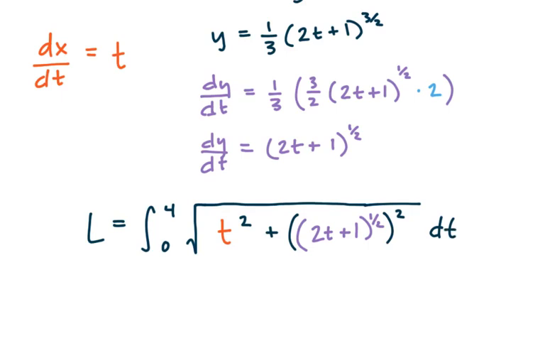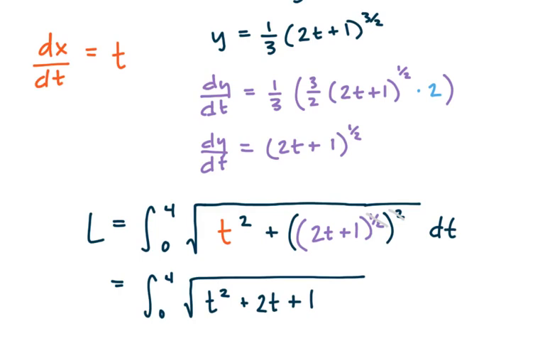And of course that 2 and the 1/2, that nicely cancels there. So I've got the integral from 0 to 4 of the square root of t squared plus 2t plus 1, integrating with respect to t.